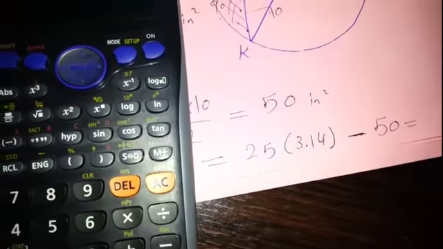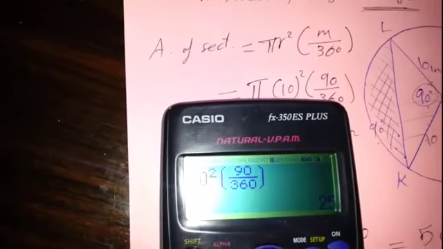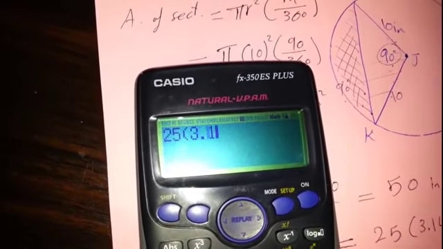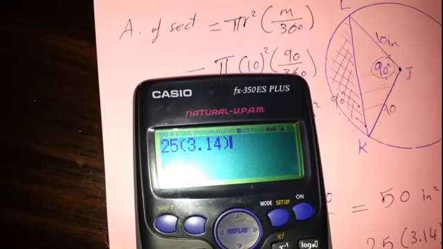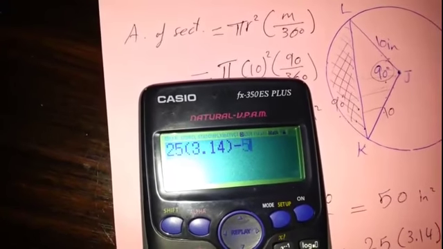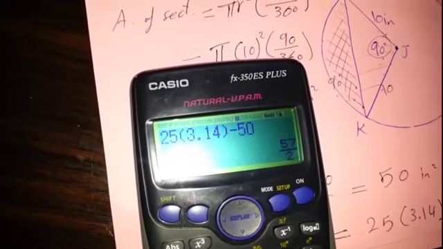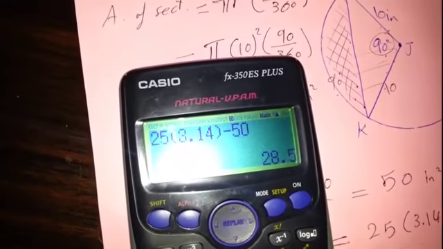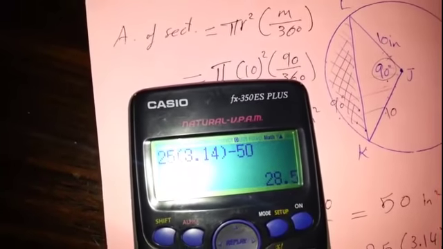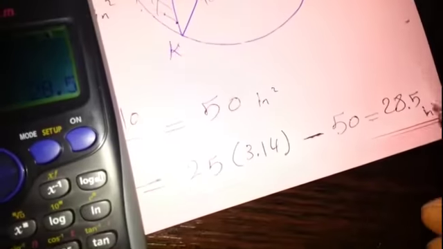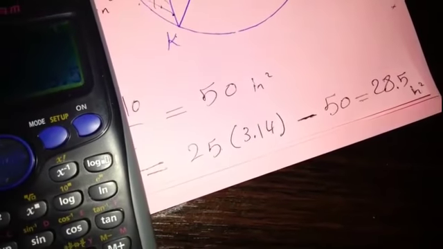I will write this all in the calculator at one time: 25, bracket, 3.14, close the bracket, minus 50, equals, in decimal, 28.5. So it's 28.5 inch to the power 2.